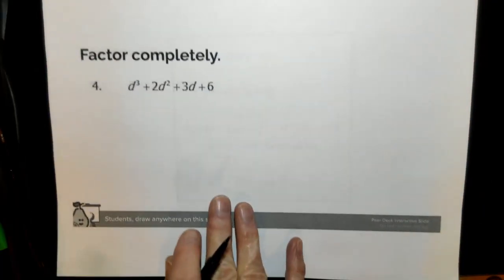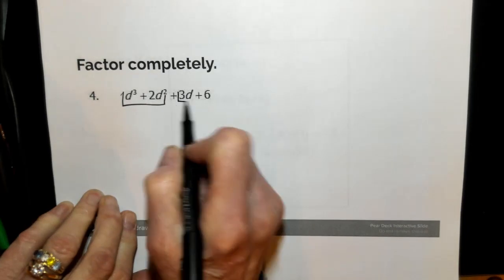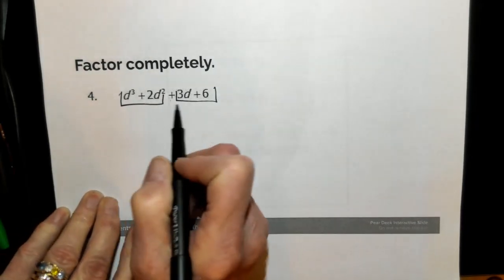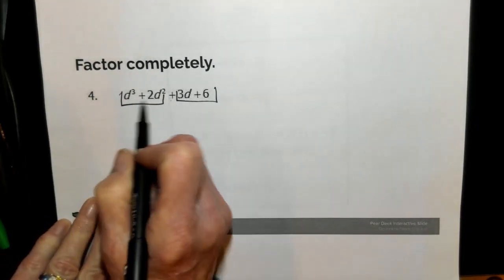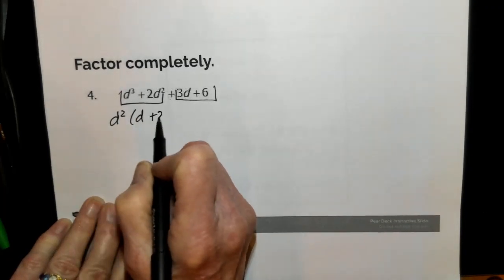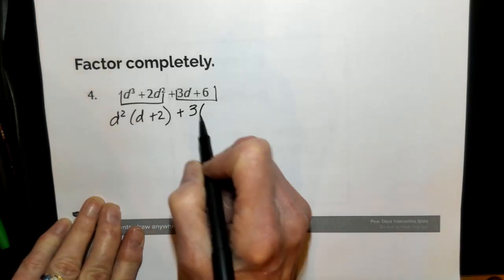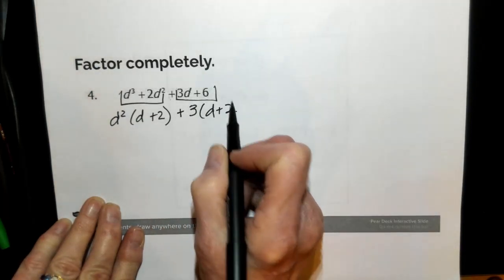Then our last one, it's a group of 4, right? And so put the first two together, love the plus, put the second two together, find the greatest common factor, which would be 3. Yes, it worked out.